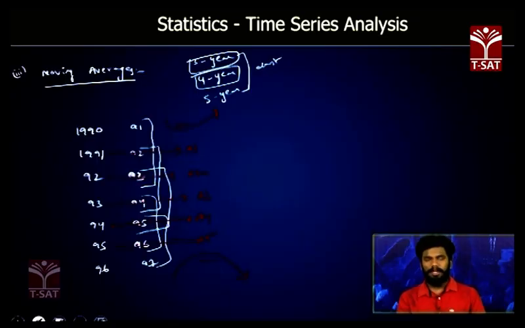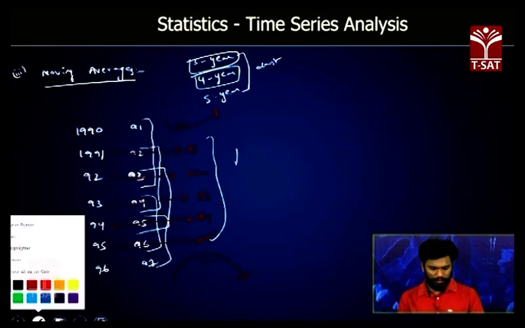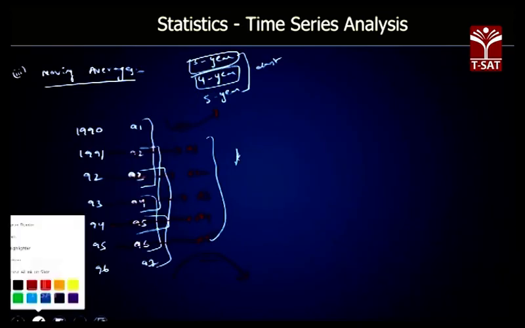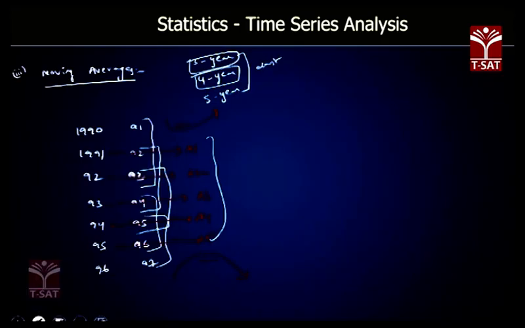Now these A1, A2, A3, A4, A5 are called the 3-year moving averages. Okay, that's how we find the moving averages.